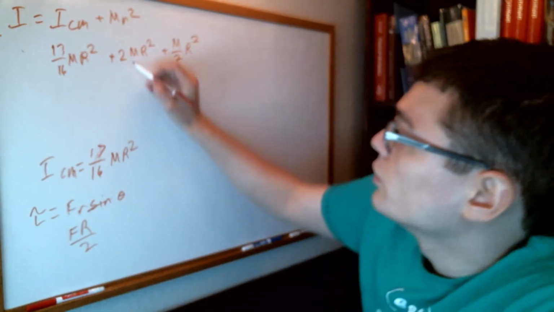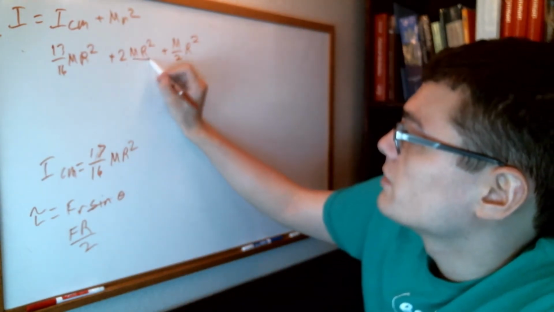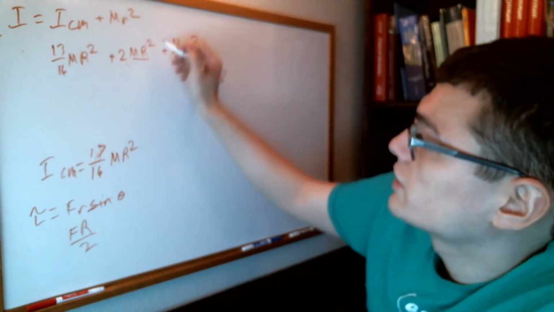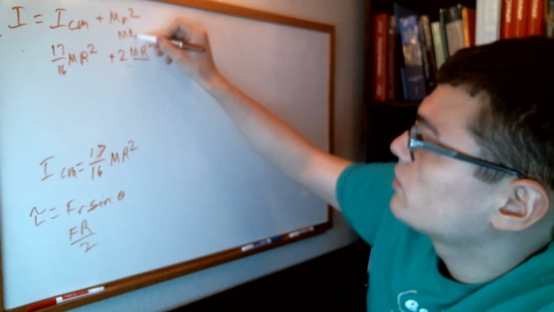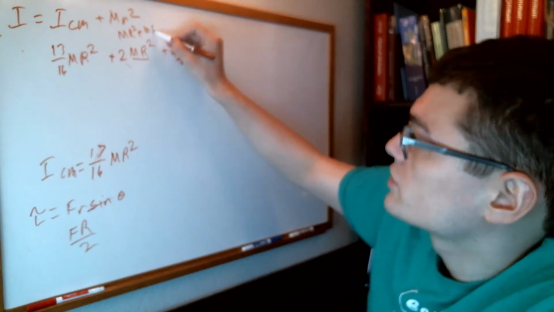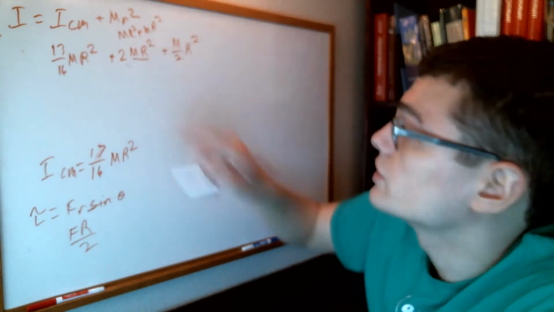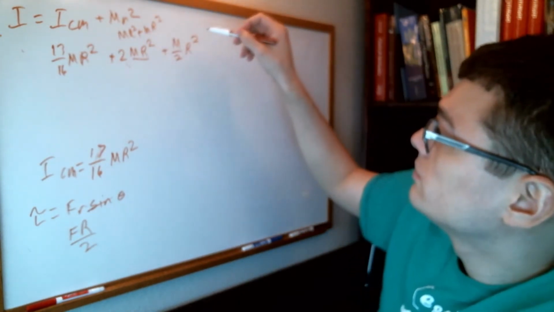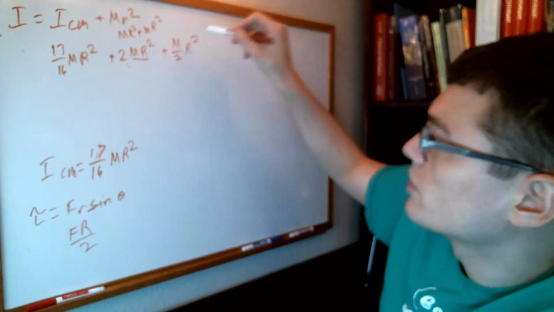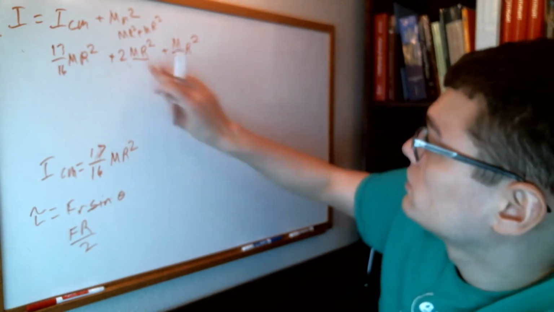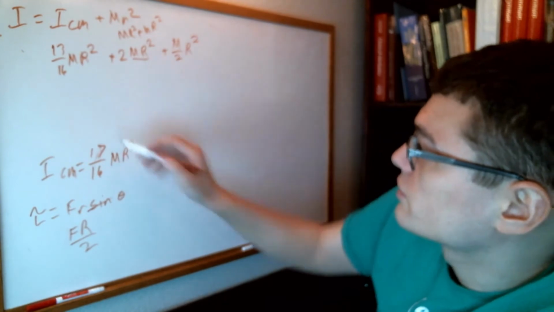So you have to double up this part. This is technically m r squared plus m r squared, one for each of the outer parts of the yo-yo, plus the small inner part of the yo-yo. And so that's where this comes from.